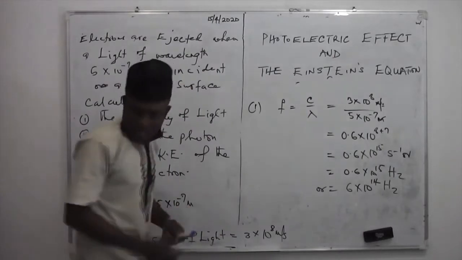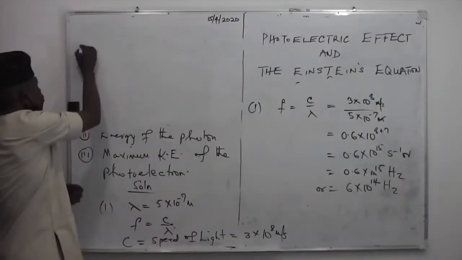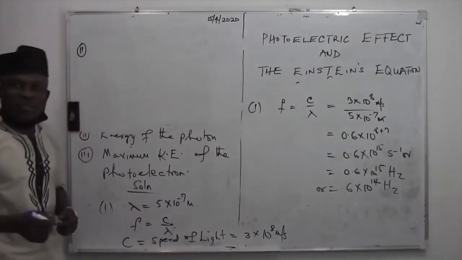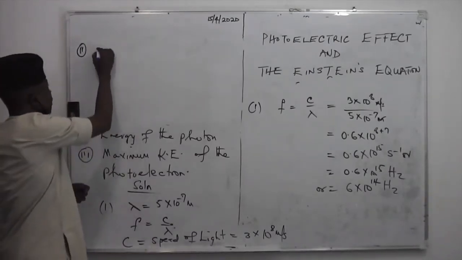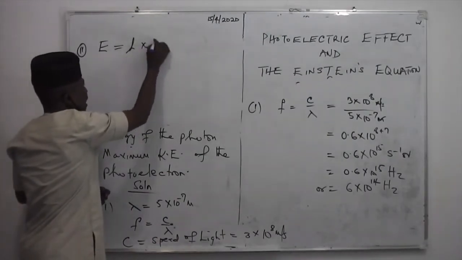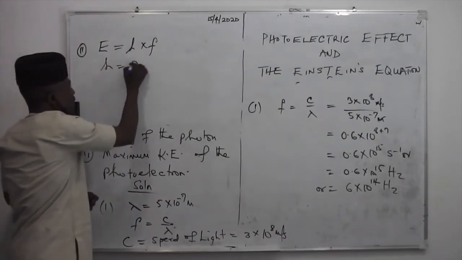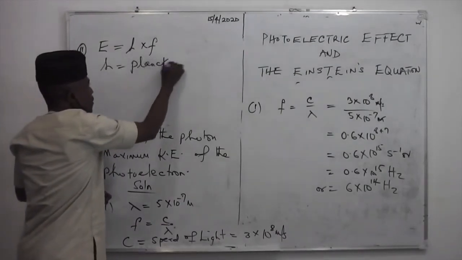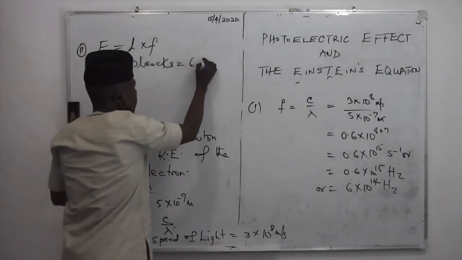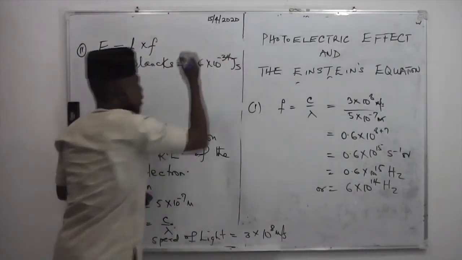So, two: what is the energy of the photon? The energy of the photon, E, is the product of Planck's constant and the frequency of radiation. Planck's constant is 6.6 times 10 raised to minus 34 joule seconds.